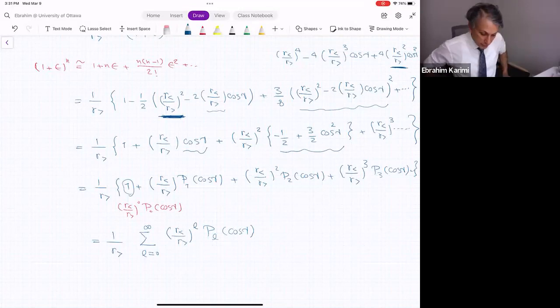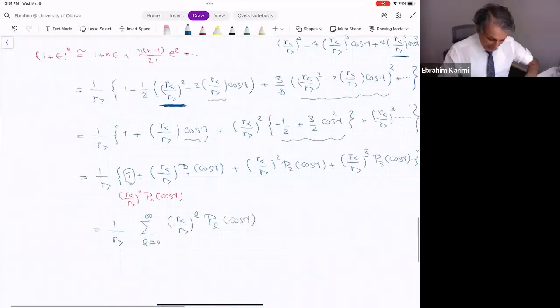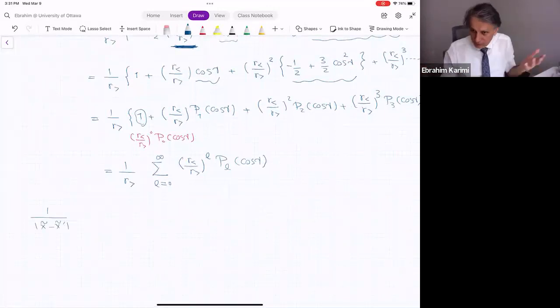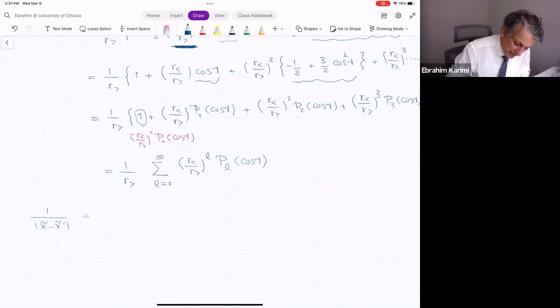So indeed, the Green function that I had, which was 1 divided by x minus x prime, where one of them is larger, will be expanded as 1 divided by r larger, summation of L equal to 0 to infinity of r small over r larger to the power of L, PL of cosine of gamma.